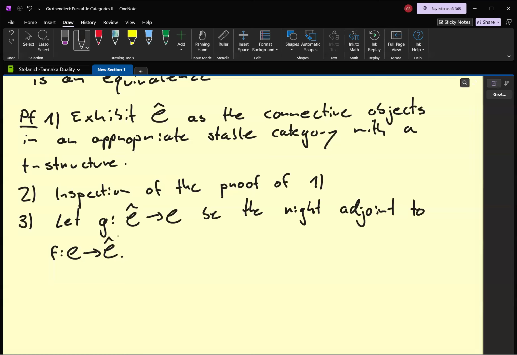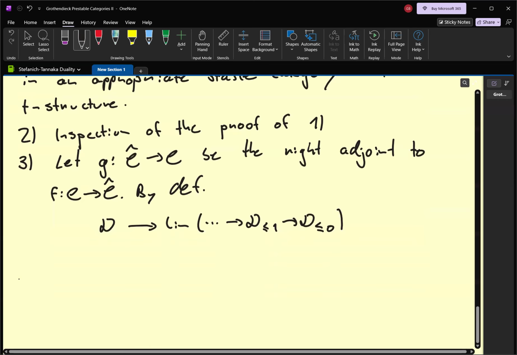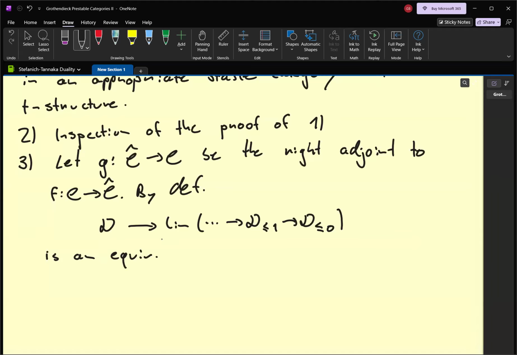By definition, we also have the canonical map from D to its completion. So we have the canonical map from D to the limit of this tower, and this is an equivalence, because D is assumed to be complete.